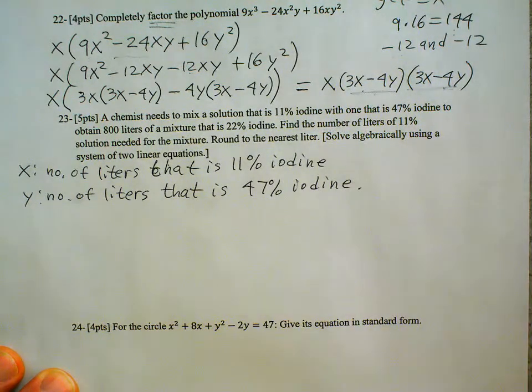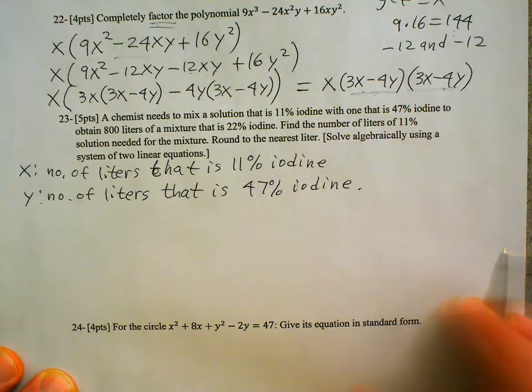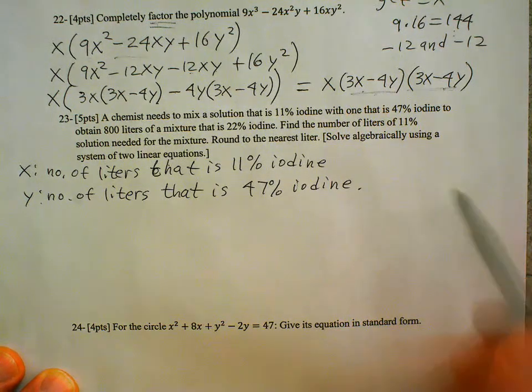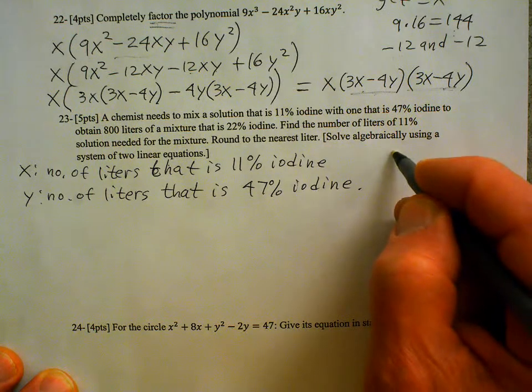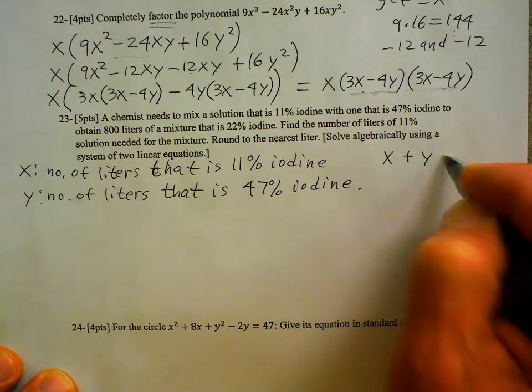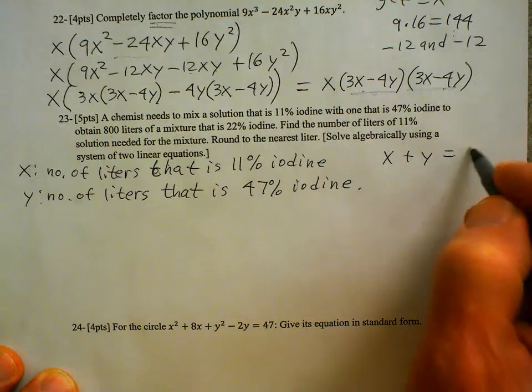And then we can write the two equations. One equation will just involve the number of liters. So x liters plus y liters has to add up to 800 liters.